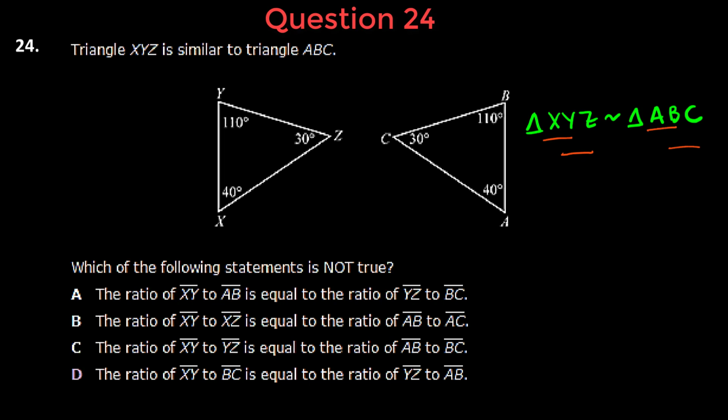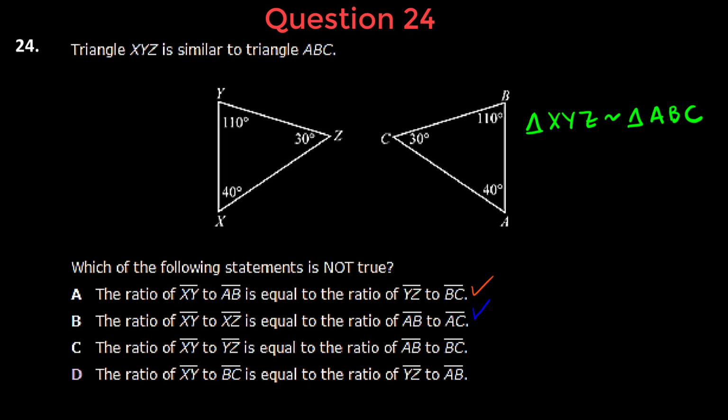So that will be correct. The second one tells us that XY, the first two letters, to XZ, first and third letter, ratio is going to be equal to AB, the first two letters, to AC, first and third letter. So it's following the same pattern, so this ratio also is true.